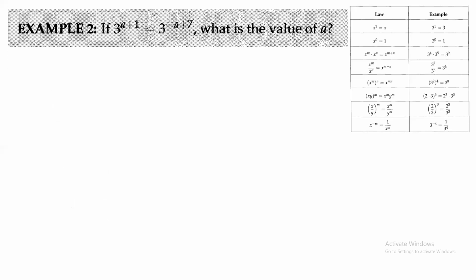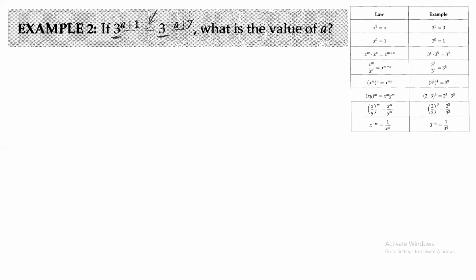The next example, example 2. If 3 to the power of a plus 1 is equal to 3 to the power of minus a plus 7, what is the value of a? Here we have two similar numbers with different powers. In order for this equality to hold, the powers should also be equal.